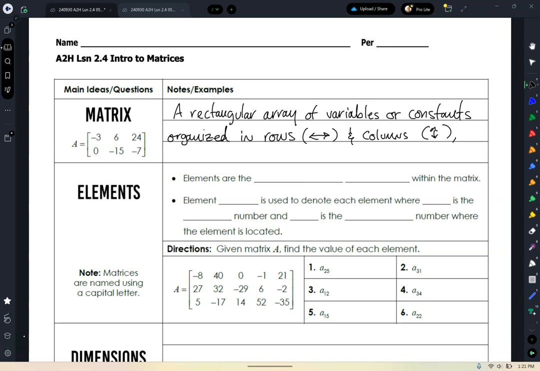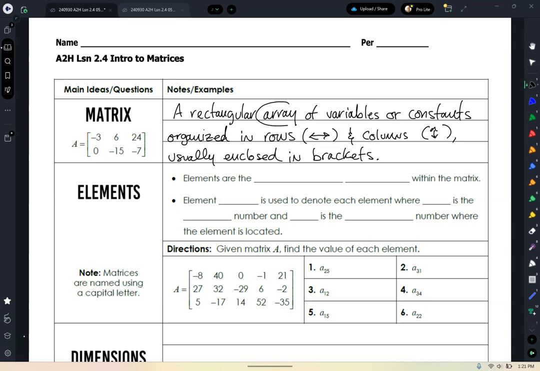It's usually enclosed in brackets. So a matrix is a rectangular array of variables or constants organized in rows and columns, usually enclosed in brackets.